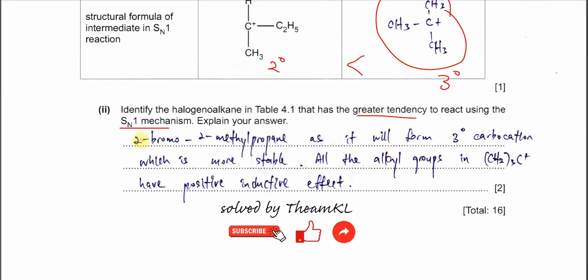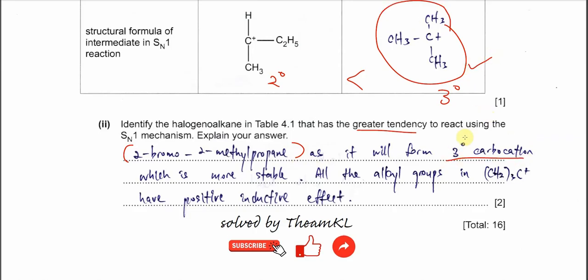So once you identify this, 2-bromo-2-methylpropane, then you need to explain. Because the 2-bromo-2-methylpropane will form a tertiary carbocation, this one. And this tertiary carbocation is more stable. Why is it more stable?